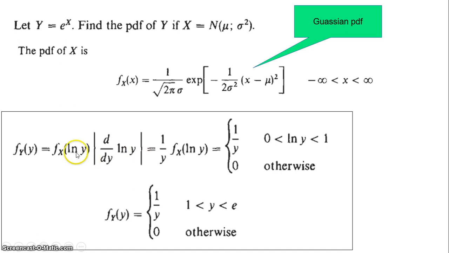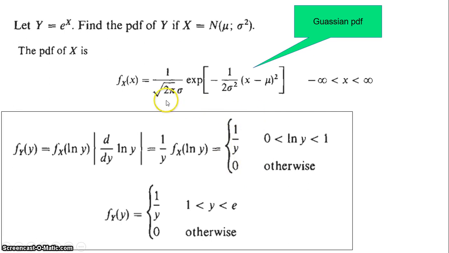It is 1 by y. So 1 by y times f_X of ln y is the density function. When it is uniform, x lies between 0 to 1, so there you have to substitute 0 to 1. This is when it is a uniform random variable, and that is the reason why you get 1 by y.